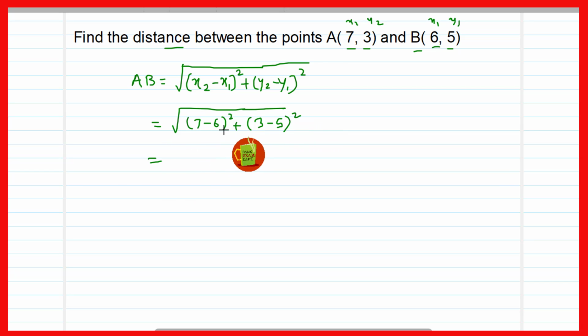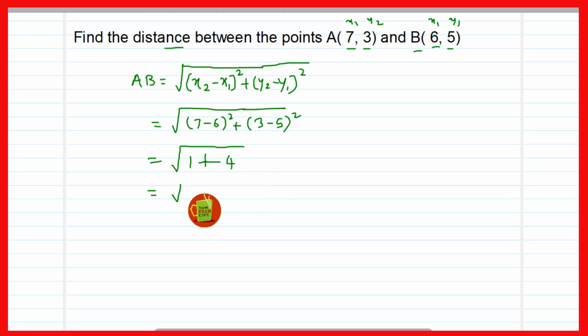So which is equal to 7 minus 6, that is 1, and 1 squared will be 1, plus 3 minus 5, that will be minus 2, and the square of minus 2 will be 4.